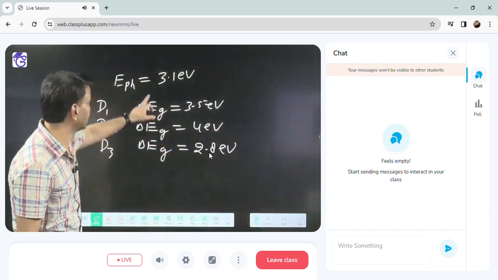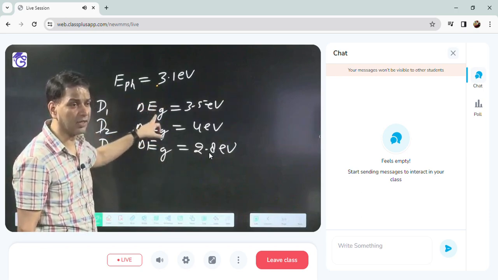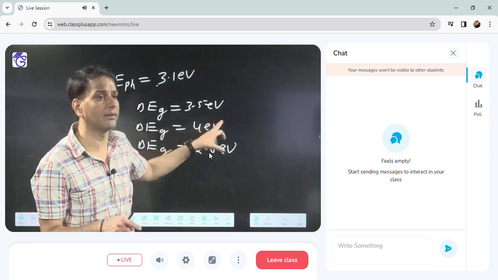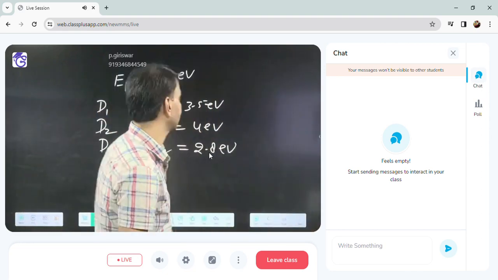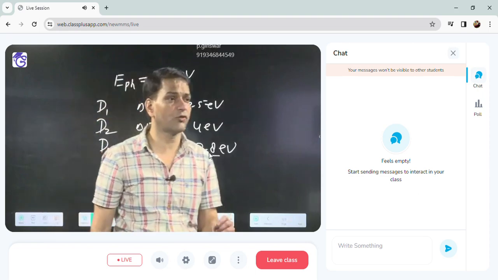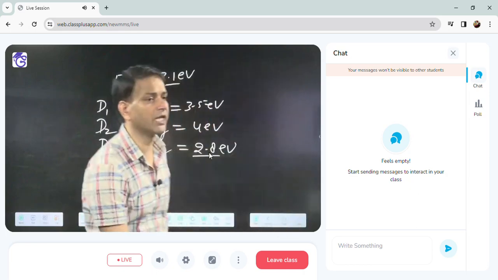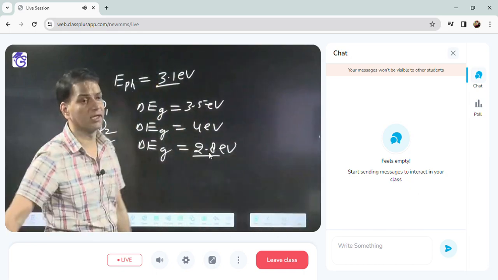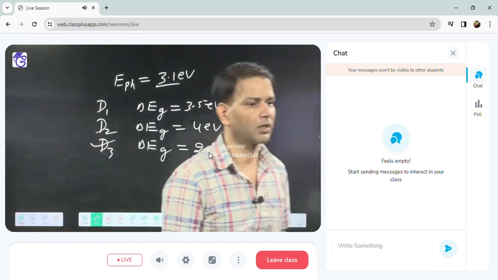So this is the energy of the photon, and this is the energy gap given. We know that a photon will only be absorbed if its energy is greater than the energy gap. In the third case the energy gap is 2.8 and the energy of the photon is 3.1, so the energy of the photon is greater than the energy gap. So which diode will detect this signal? D3 will detect this signal. Understood or not? Up to this okay?